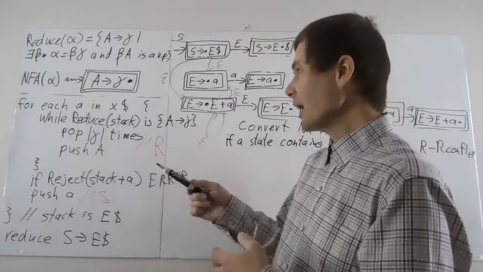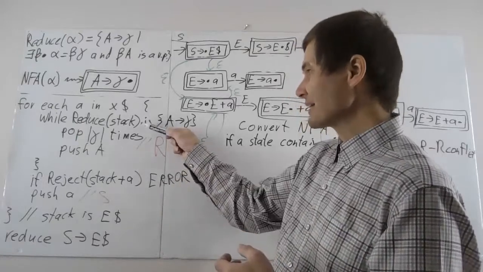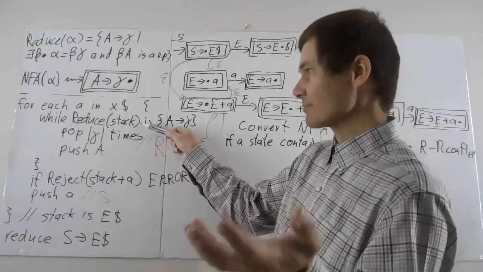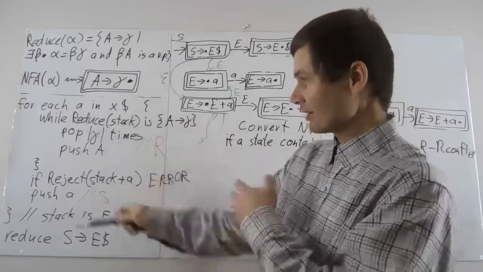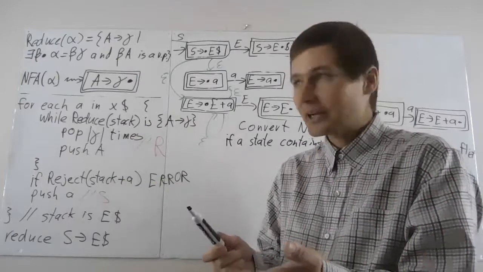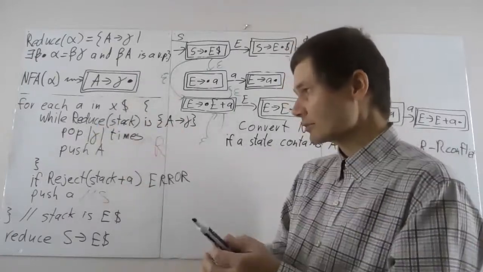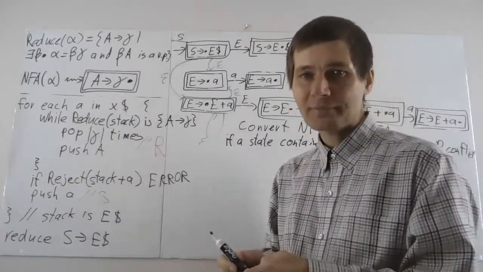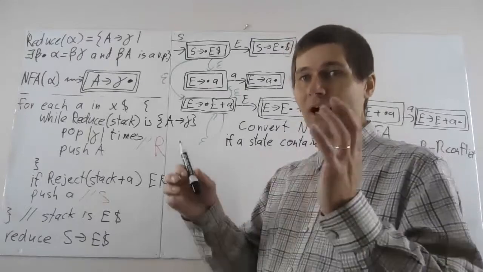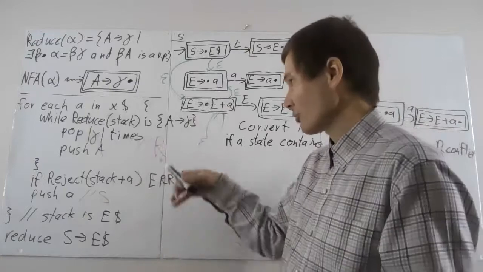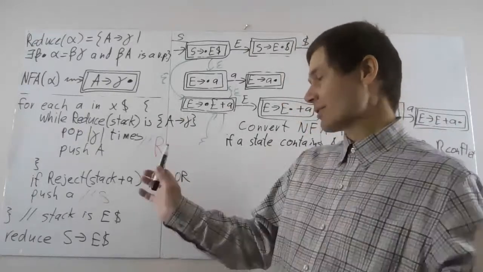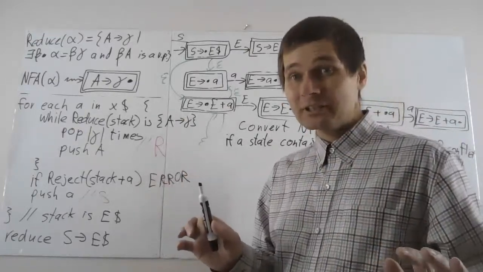Or what if it just so happens that, yes, reducing will give me a viable prefix, but not reducing would have also been fine, right? So getting out of this while loop would have also been fine. Okay, so that is also an ambiguity and also a choice left up to the algorithm. And so we don't want that either, right?